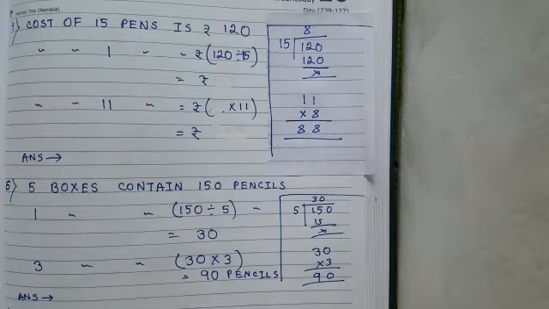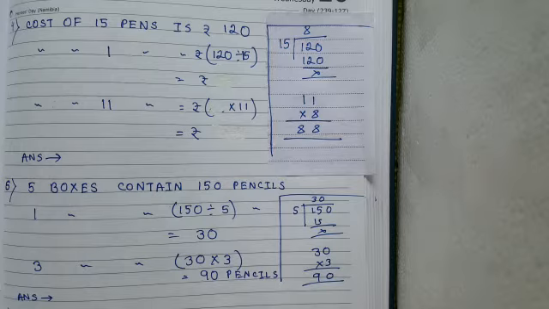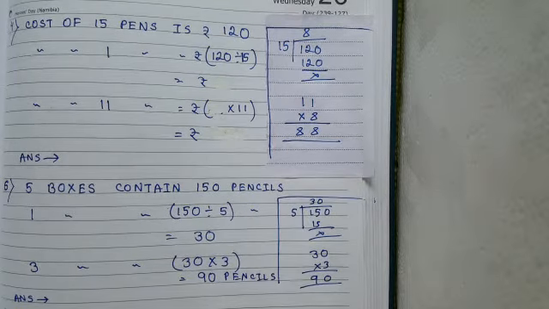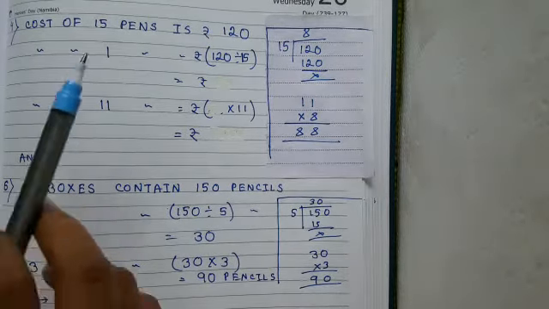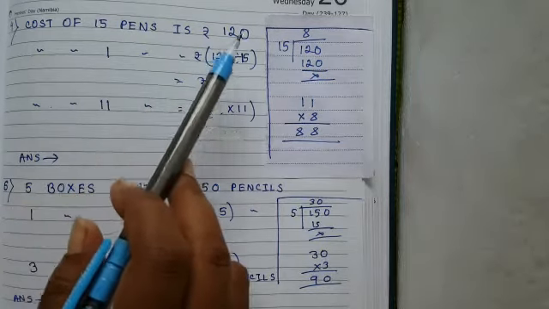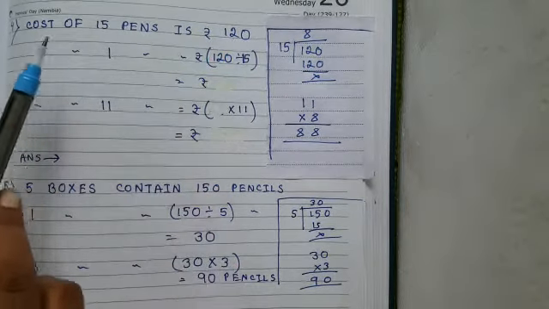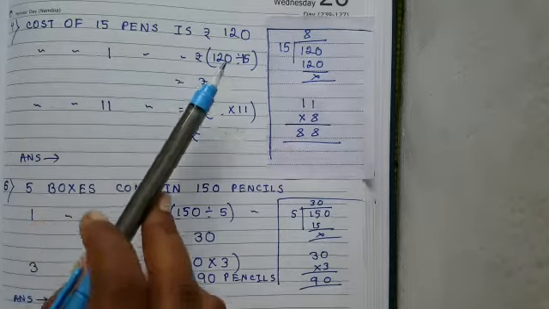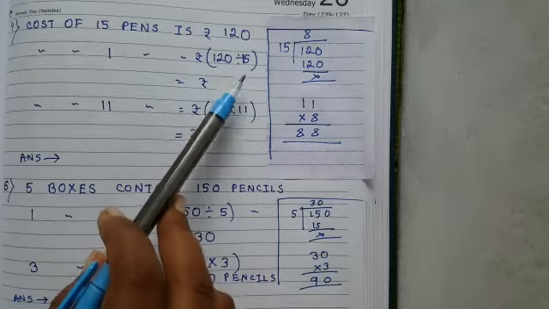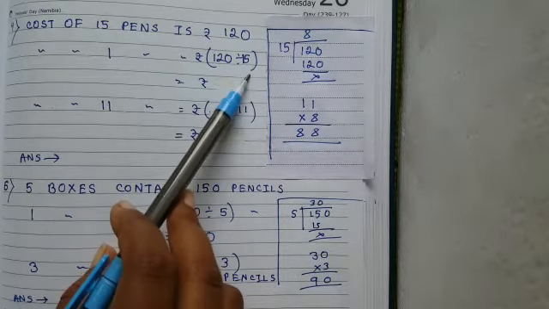Question number 4. Rekha wants to buy 11 pens. The cost of 15 pens is rupees 120. How much will she have to pay for 11 pens? So, the cost of 15 pens is rupees 120. We are finding the cost of 1 pen. That means we are dividing. First step we are dividing. 120 divided by 15.